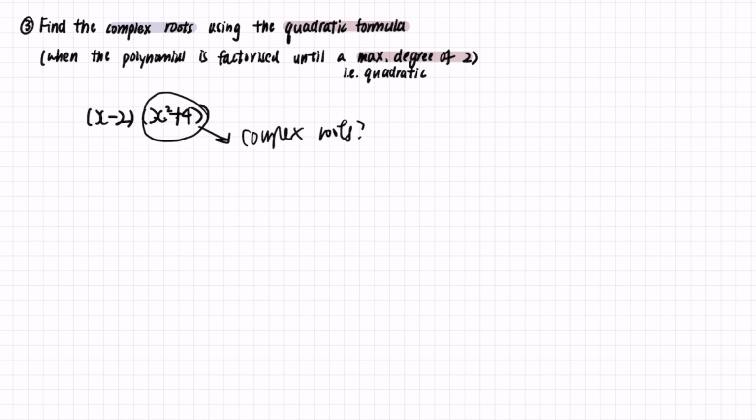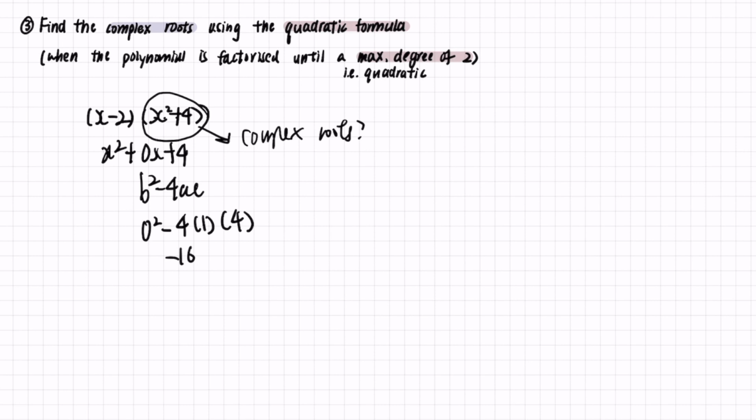To check, as I've said, you need to use the discriminant b squared minus 4ac, and in this case it is written as this, so b squared minus 4ac gives you negative 16.